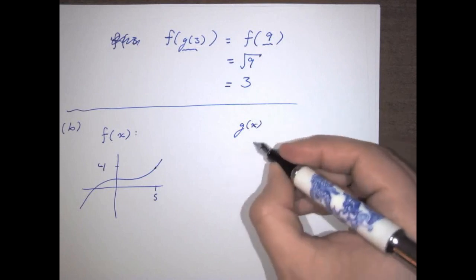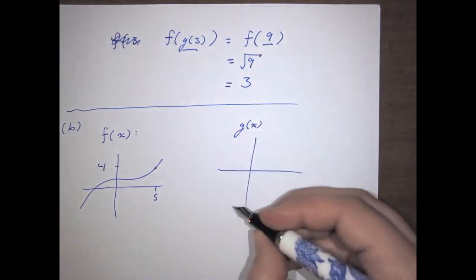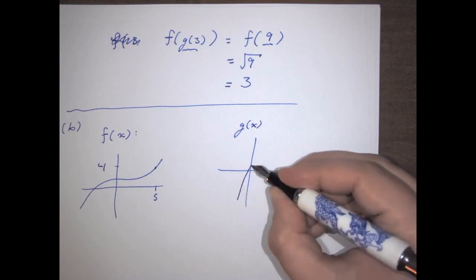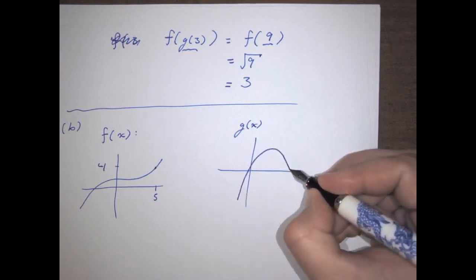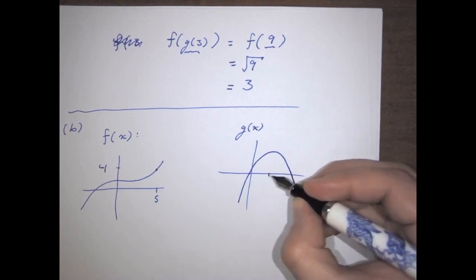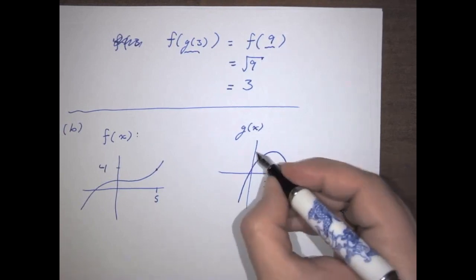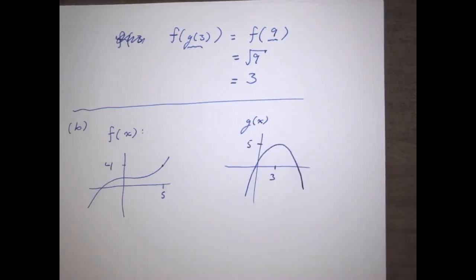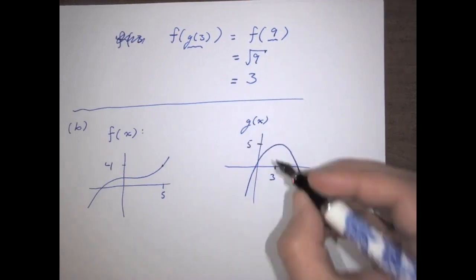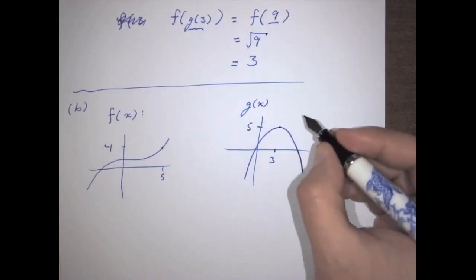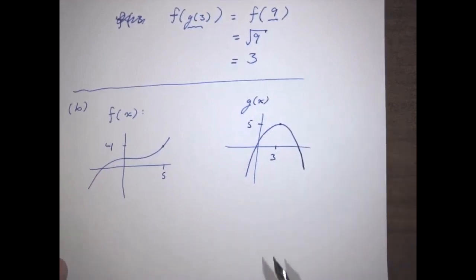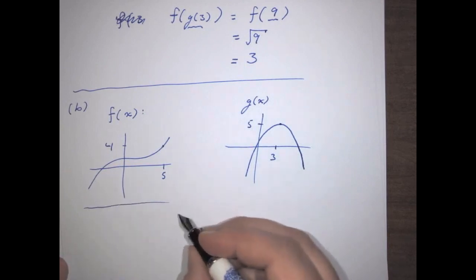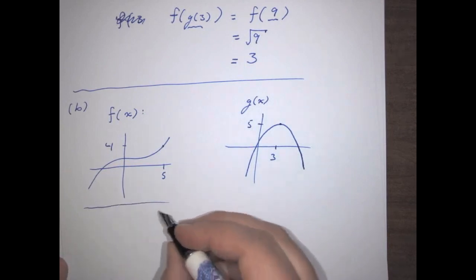And g of x, let's say, is some graph that goes like so. And importantly here, let's say that 3 here corresponds with a 5 up here. Okay, so I have not given you a whole lot of function values of these two graphs, so hopefully the ones I gave you will be enough to answer the question that we are asking, which is again, f composed with g of 3.